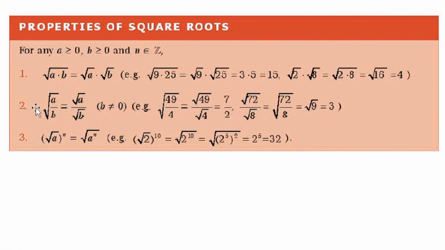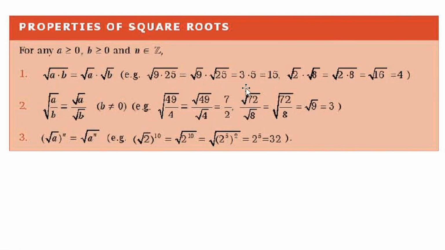For example, the square root of 49 over 4. Let us separate the numerator and denominator with the radical sign. We have the square root of 49 over the square root of 4. The square root of 49 is 7, and the square root of 4 is 2. Another example, from the expanded form, writing into one radical form.